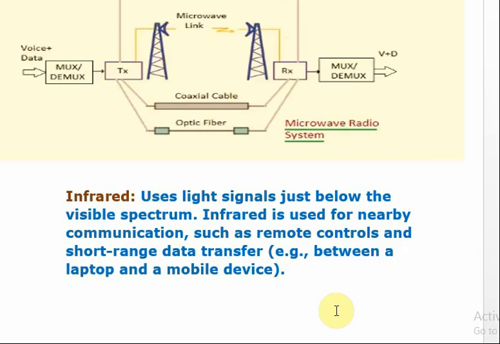Certain remote controls we need to align, but certain remote controls you can operate from anywhere within the distance. When it is infrared, it is one-to-one line of sight. But if it is Bluetooth or Wi-Fi, we need not worry, right?